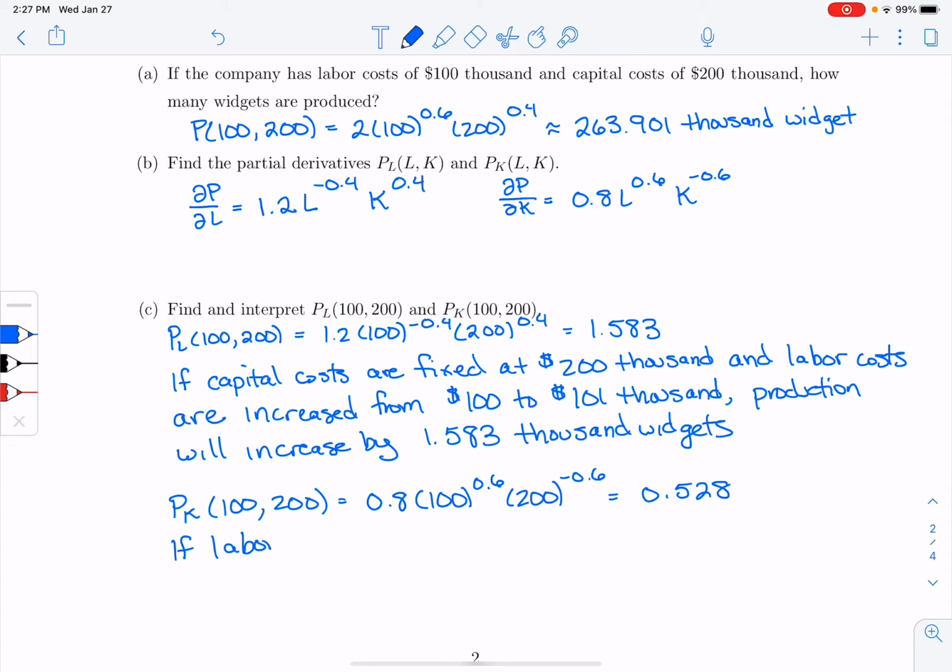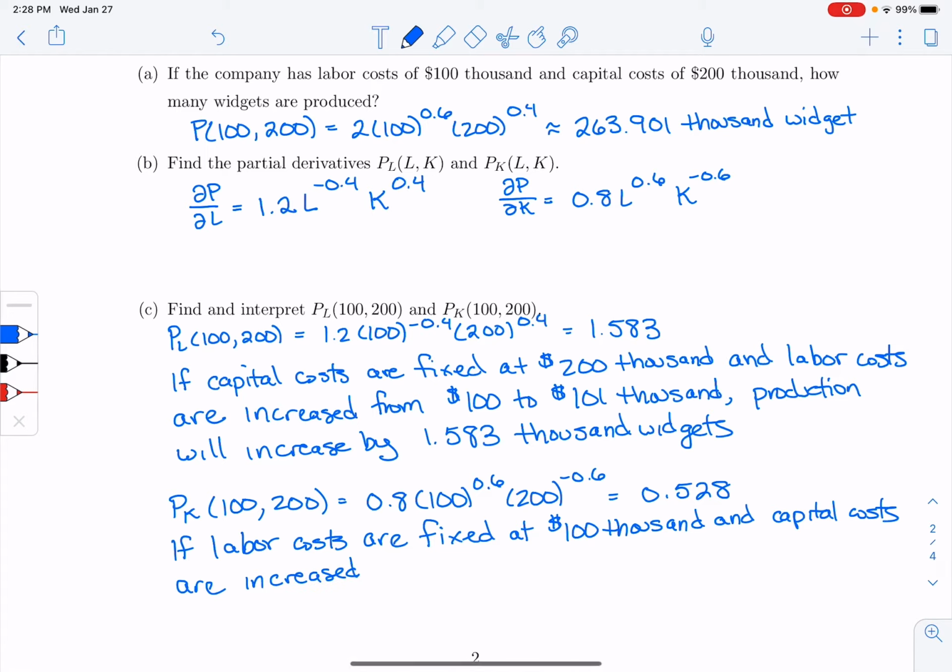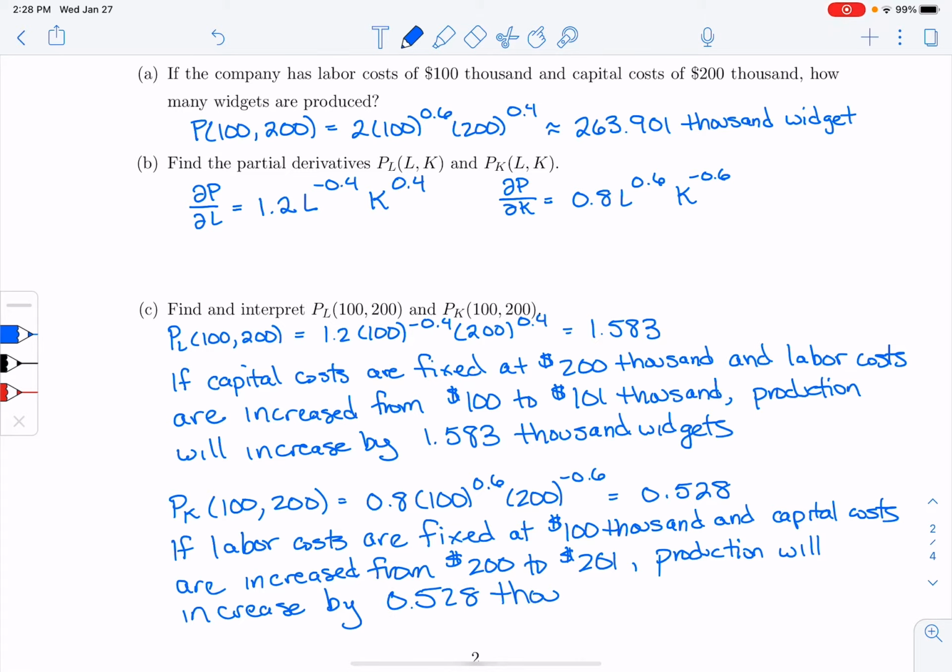So if labor costs are fixed, in this case at $100,000, and then capital costs are increased from $200,000 to $201,000, again reflecting a 1 unit increase, production will increase by, in this case, 0.528 thousand widgets, or 528 widgets.